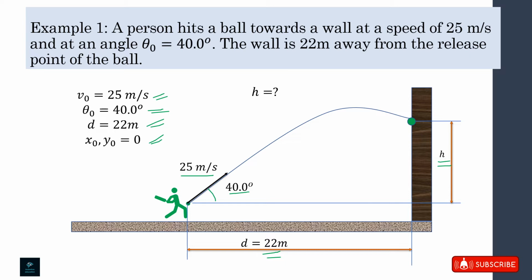We are required to find the value of h, that is, the height at which the ball hits the wall from its release point, and the components of velocity just before hitting the wall.